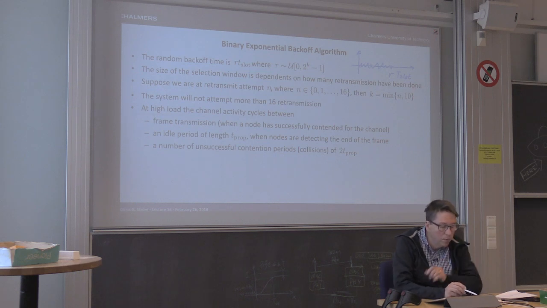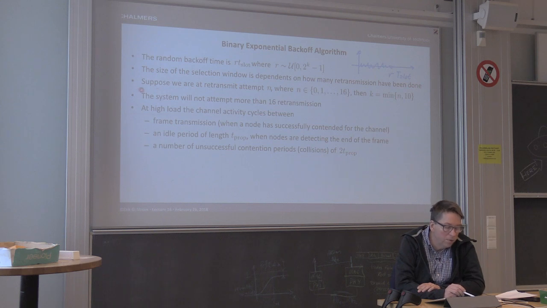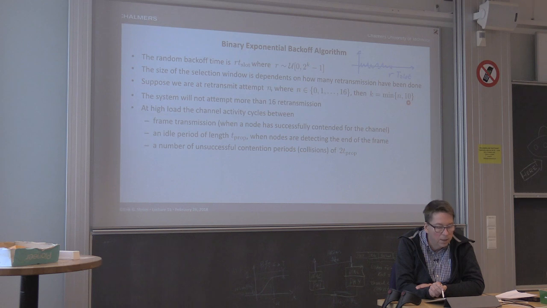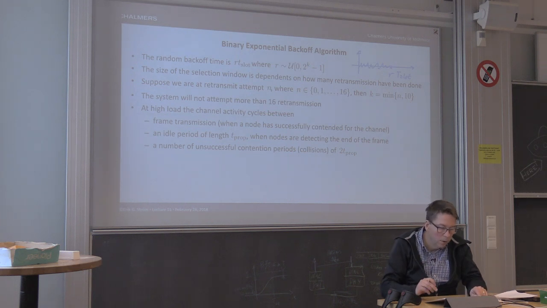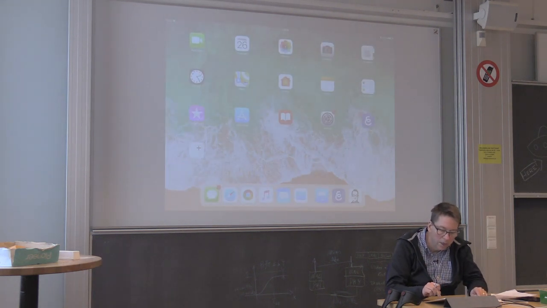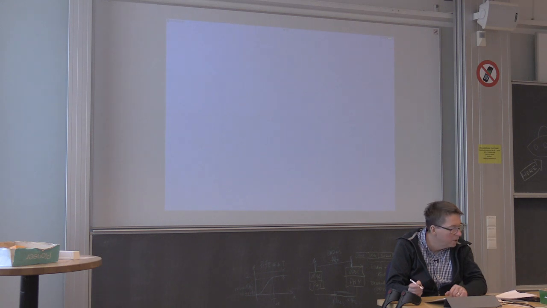In particular, suppose we have tried to retransmit the frame n times, where n is some number between 0 and 16. Then k is chosen to be the minimum of n and 10. That's a fairly complicated way to say something rather simple.